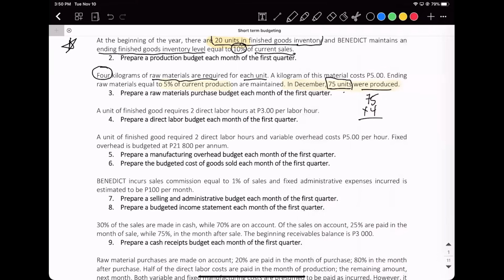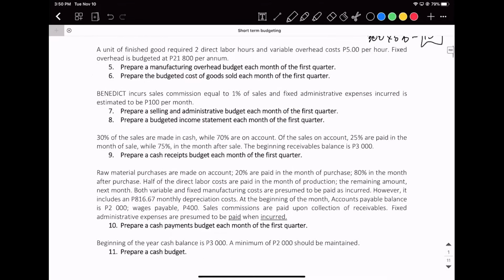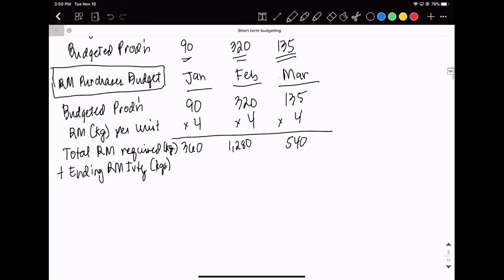So, 300 times 5%, 15. So, ito yung inventory natin, raw material inventory. Again, bakit natin minultiply ng 4? Kasi this is number of units, finished goods produced in December. Okay, so 15. So, meron na tayong 15. Nakamultiply na by 4, so no need na i-multiply pa.